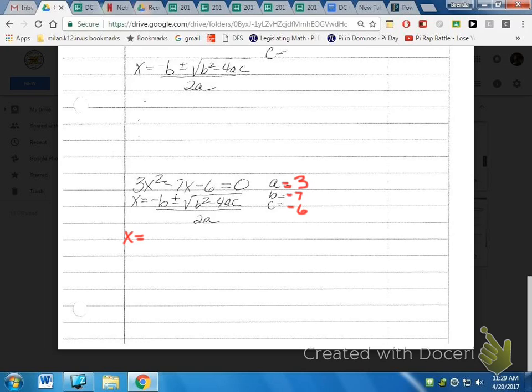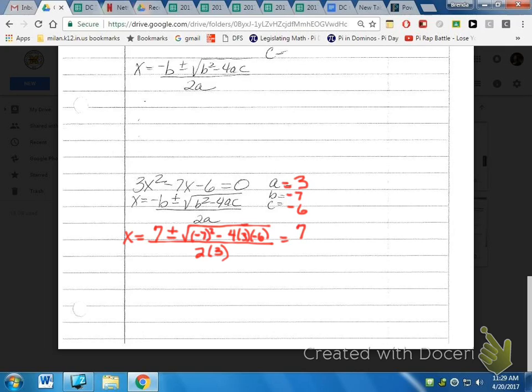X equals, okay, negative B, so B is already negative 7. So negative 7 would just be positive 7 plus or minus the square root of, and I'm going to put negative 7 squared minus 4 times 3 times negative 6. And that is all over 2 times 3.